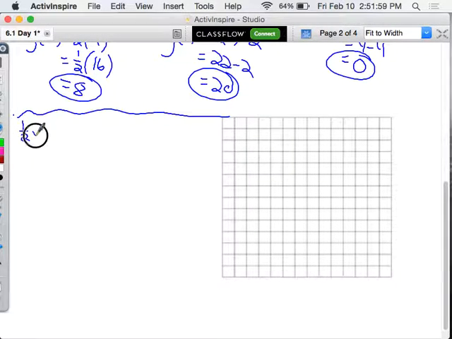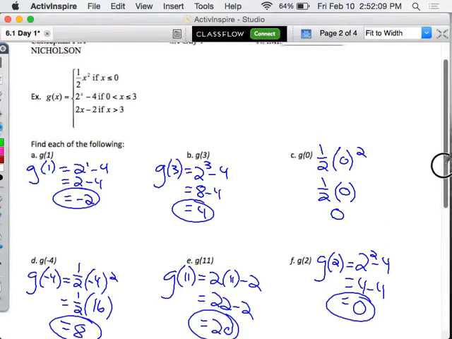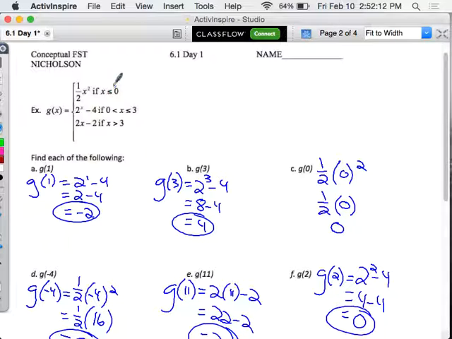1/2 x squared says we're using that only if our x values are less than or equal to 0. Since it's an "or equals to," we're going to have a solid dot on 0.